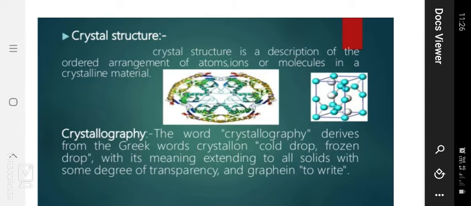The word crystallography derives from the Greek word for crystal, meaning cold drop, frozen drop.